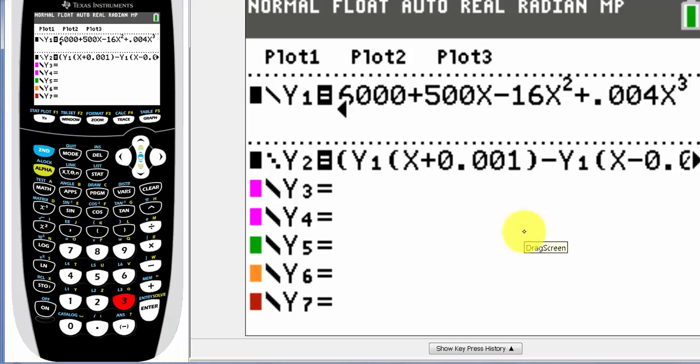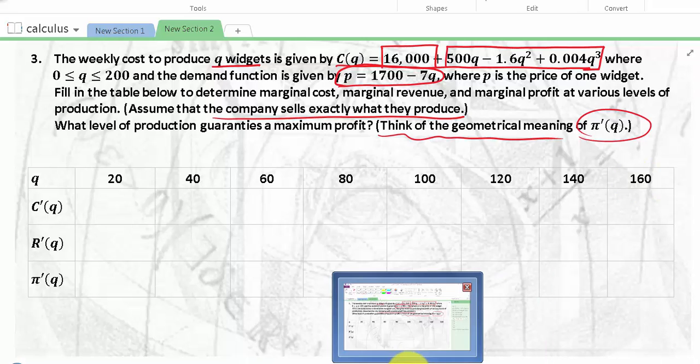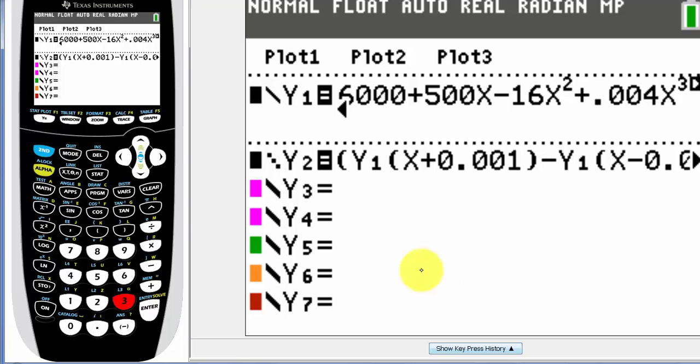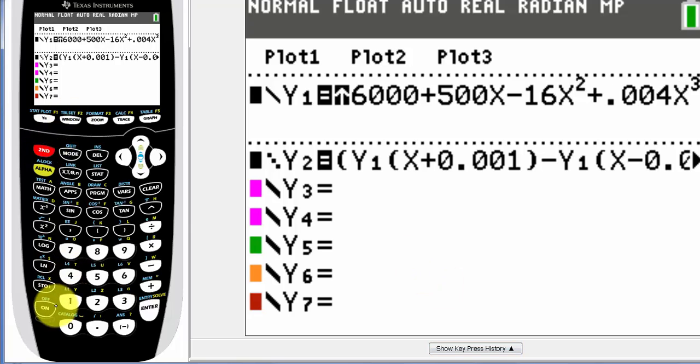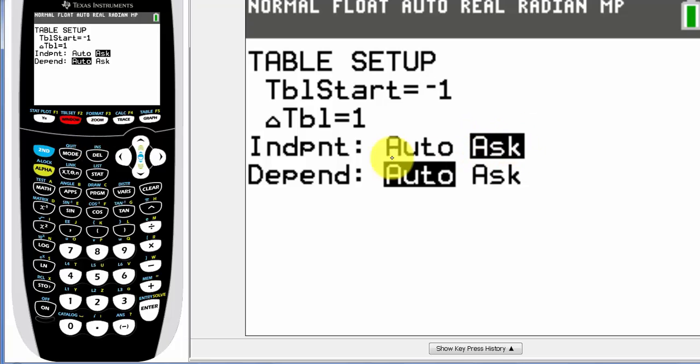So now what do we want? We want the marginal cost at what level of production? 20, 40, 60, 80, 100, 120, 140, and 160. Okay, so I move by 20, starting at 20. So here's how I'm going to do it, right? I'm going to check that my table set is on ask. Okay, yes, it is on ask.